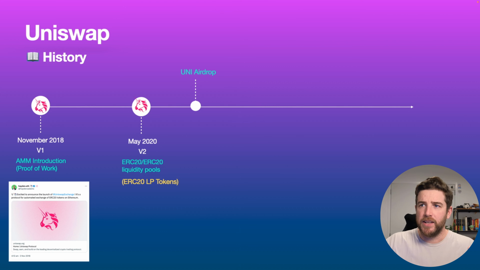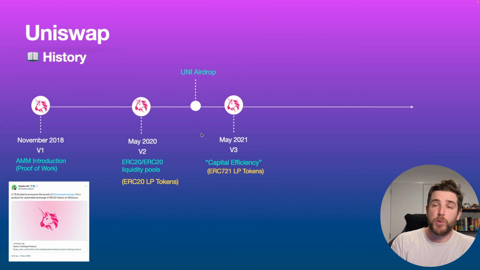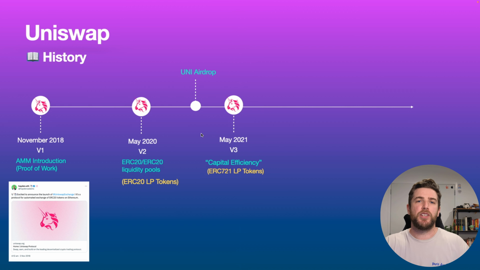Then between V2 and V3 we have the UNI airdrop, the decentralization of the governance of this protocol. It was a huge airdrop, and in May 2021 they released version 3, a whole set of new features focused on capital efficiency, making all that liquidity that sits on the smart contract the most efficient liquidity possible.